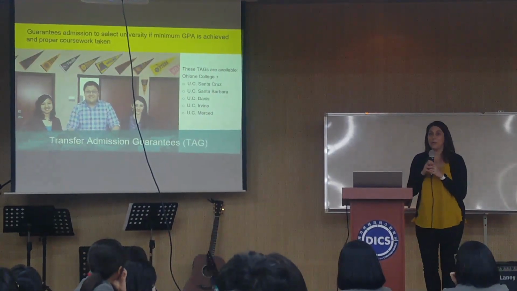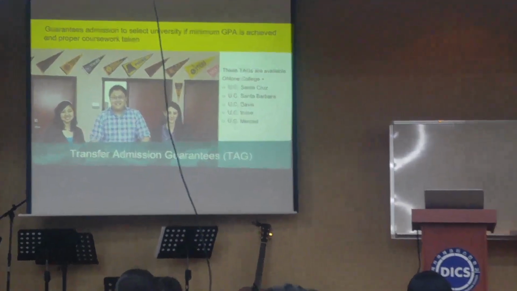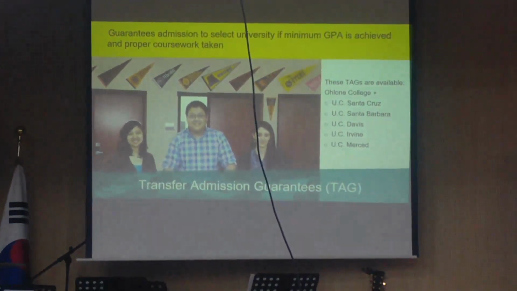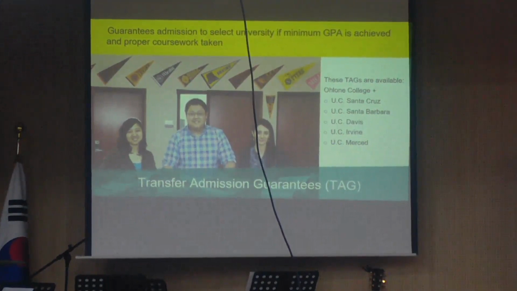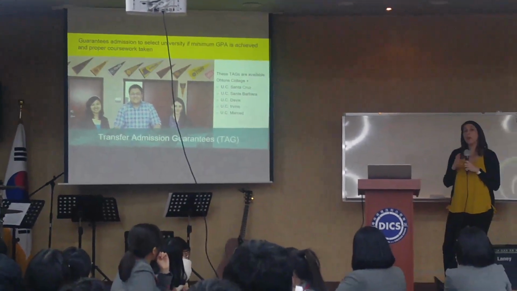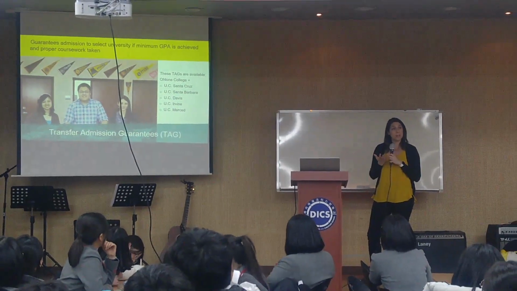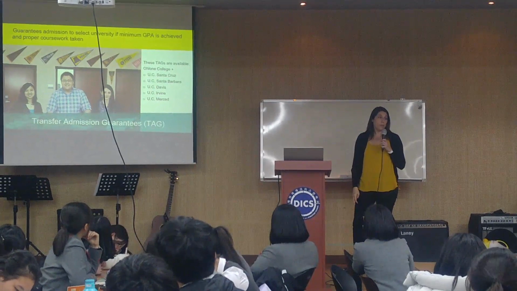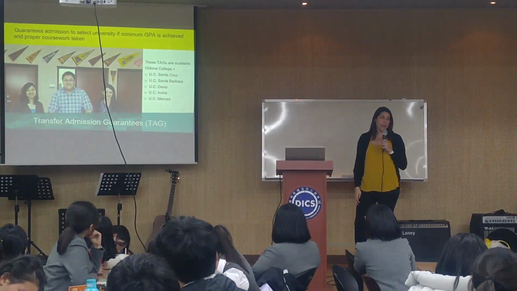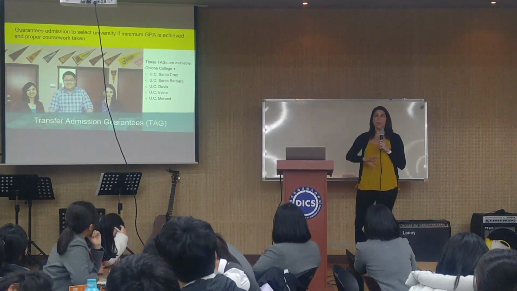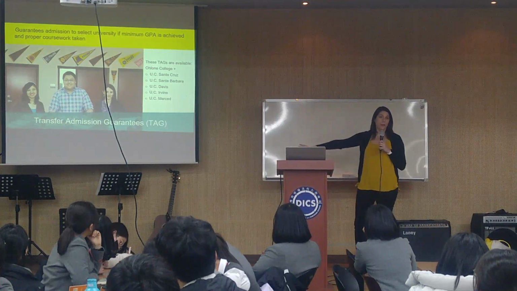All right, we also have transfer admission guarantees. I mentioned this before. We have agreements with some University of California schools. So if you come to Ohlone, you get mostly A's and B's, these schools right here will automatically admit you as a student. They say, okay, we know if you get mostly A's and B's at Ohlone College, you will be a good student for us.